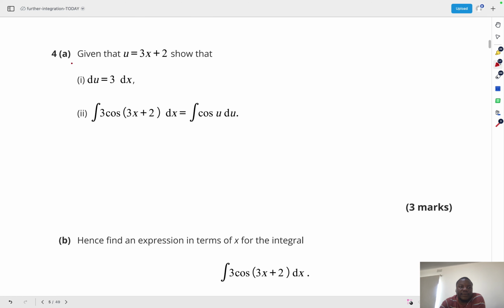Okay, so now I found question number 4 here. We are told that u is equal to 3x plus 2. Show that du is that. So what we are just going to do here, we know that du means the derivative of u in terms of x.